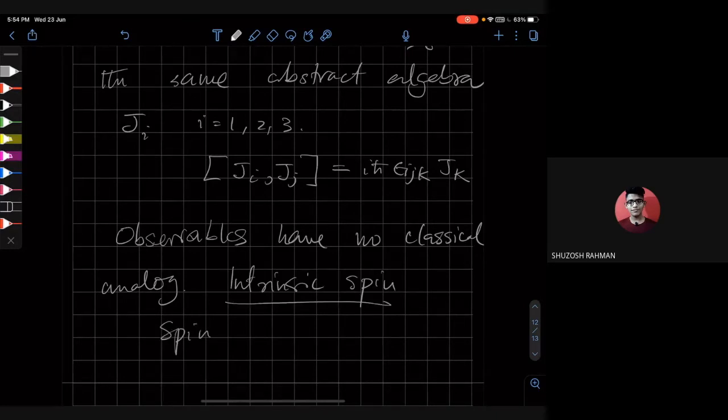Historically they were called intrinsic spin, but now they're just called spin. You guys have heard of spin, right? Yes, sir.